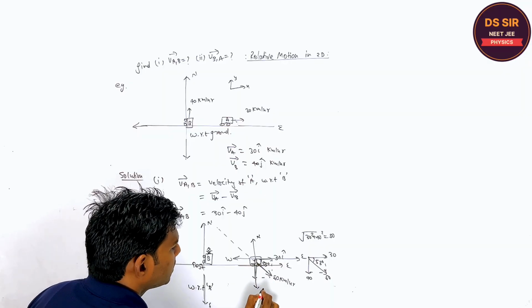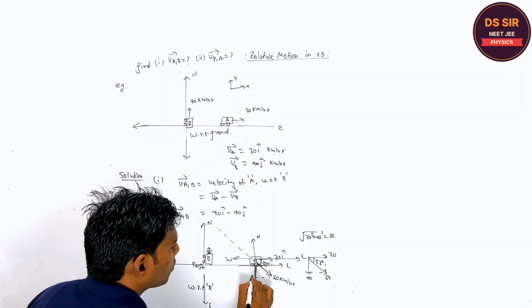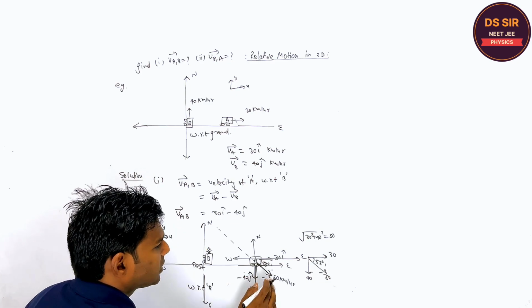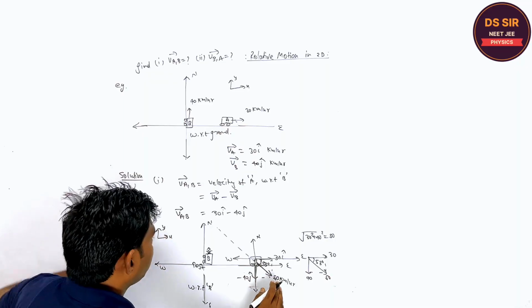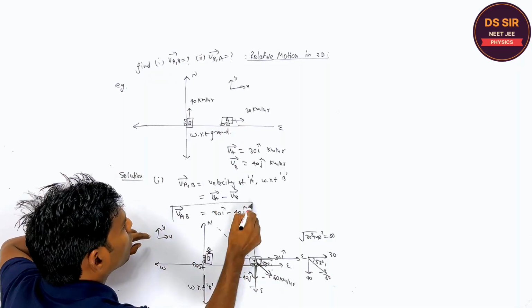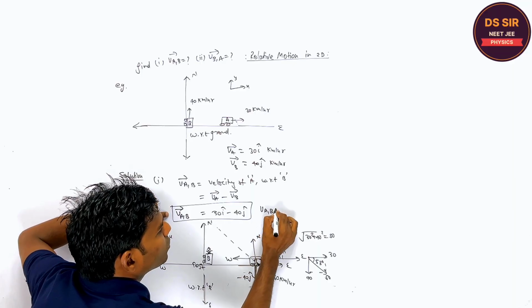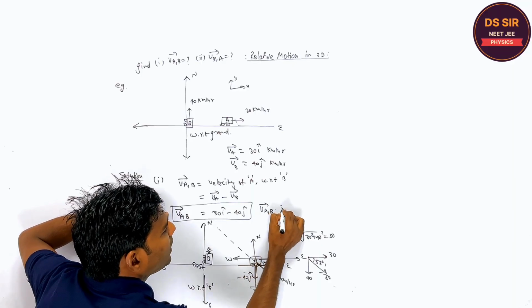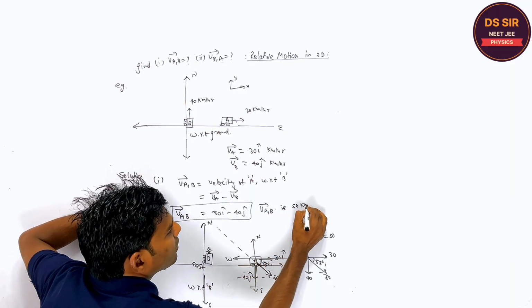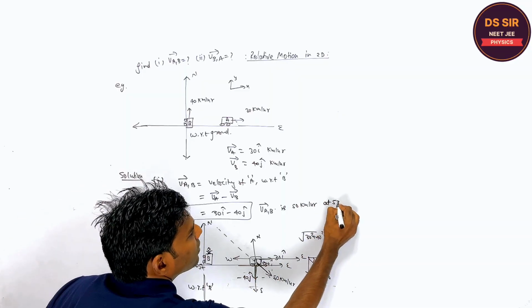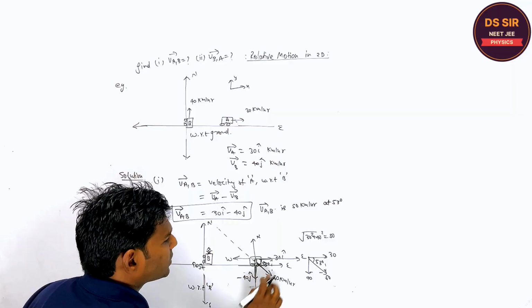This direction is south, minus 40 j cap. So this is the magnitude, although this is the vector form. Velocity of A with respect to B is 50 kilometer per hour, and what is the angle? At 53 degree, south of east.